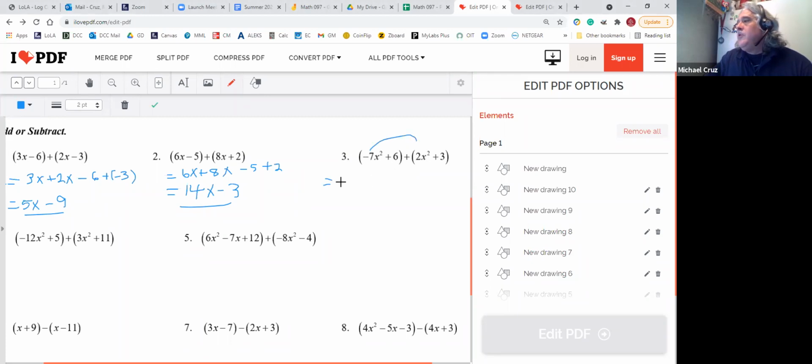So see, there's two are alike. And these two are alike. All I'm doing is just rearranging them. So that -7 and 2, so that's what.